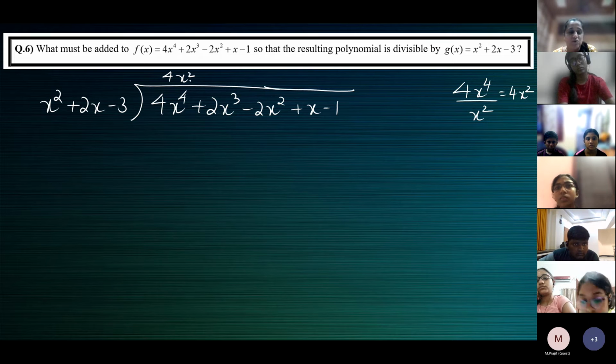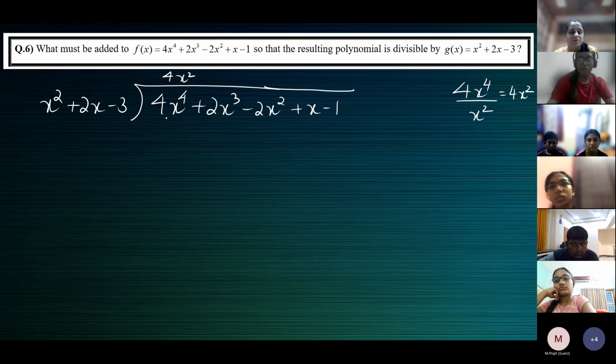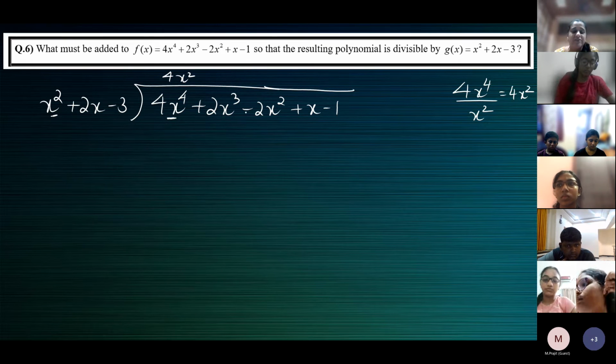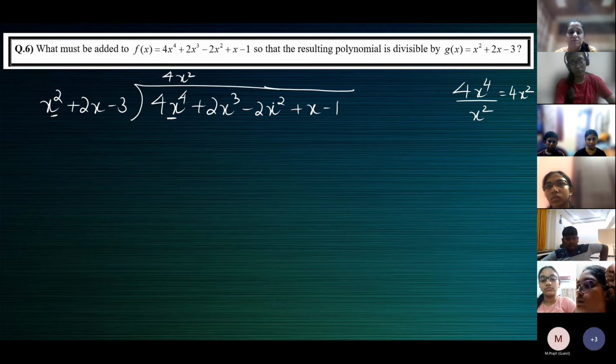How do you find the first term of the quotient? You must divide the first term of the dividend by the first term of the divisor. But before that, you should make sure that the terms are arranged in the descending order of the powers of the variable x, like power 4, power 3, power 2, power 1.